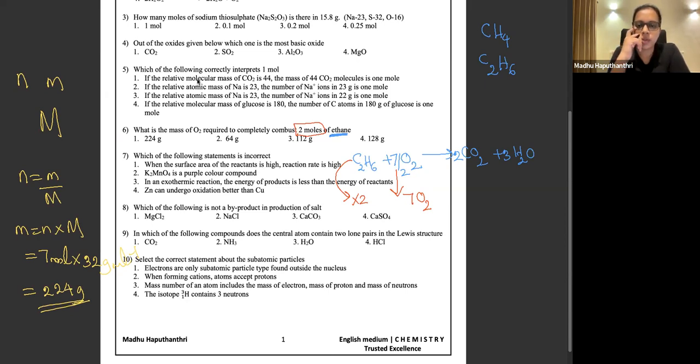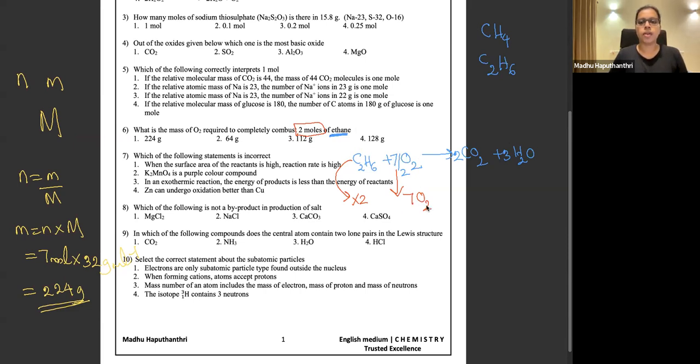So I will again go through the question. First, you need to know the formula of ethane, C2H6. Then I wrote the combustion reaction for ethane. And there's a keyword in the question I have to address: 2 moles of ethane. So that means the entire reaction should be multiplied by 2. Since our concern is on oxygen, I multiplied only that.